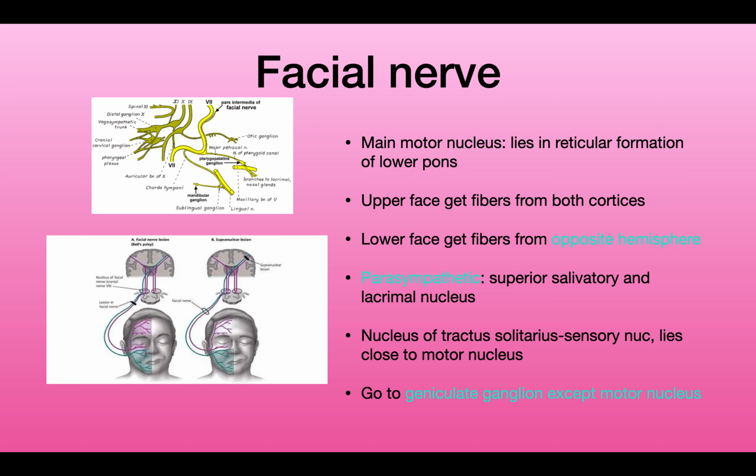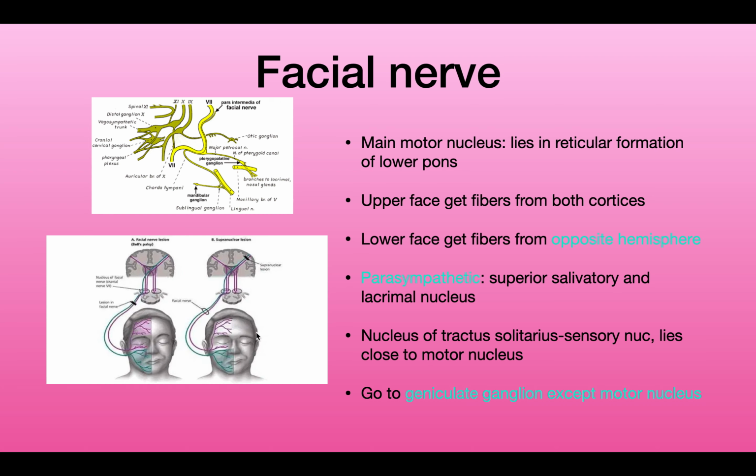Cranial nerve number 7 is going to have the main motor nucleus, which lies in the reticular formation of the lower pons, and then the upper face has the fibers from both cortices, like upper and lower motor neurons. The lower fibers are going to decussate below the medulla.